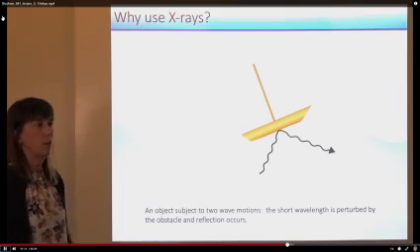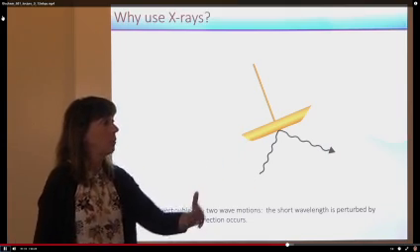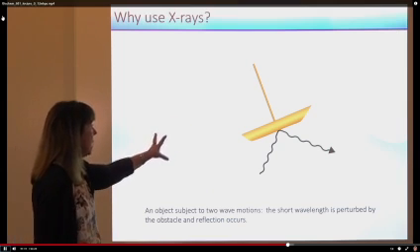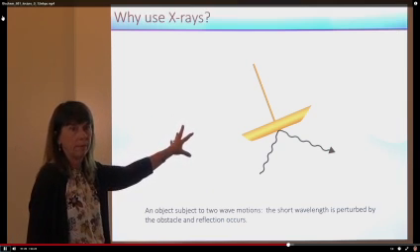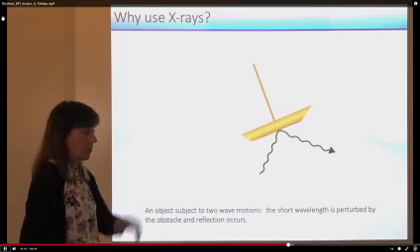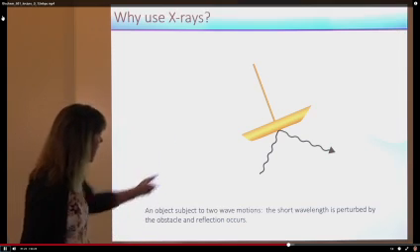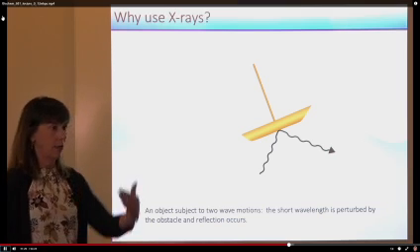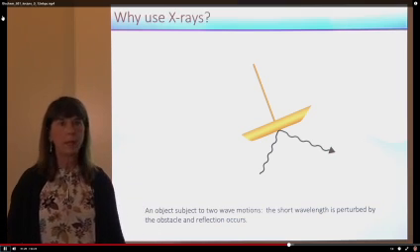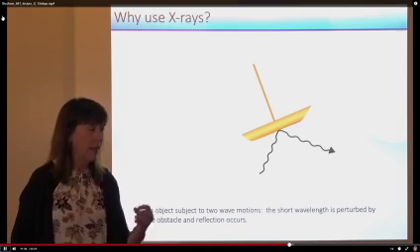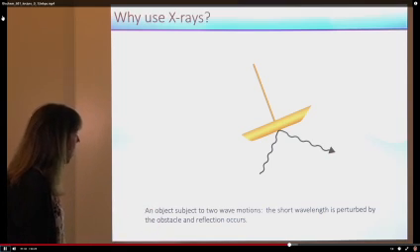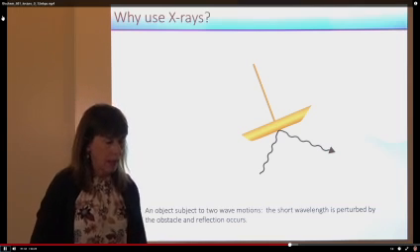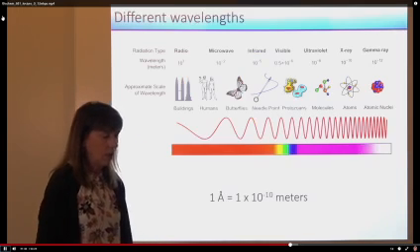So you'd never know there's a boat out there if you were just watching the waves. But if somebody dropped a pebble and you start getting diffraction back, you would see that, because now the waves are smaller than the dimension of the boat. And that's why we have to use X-rays.